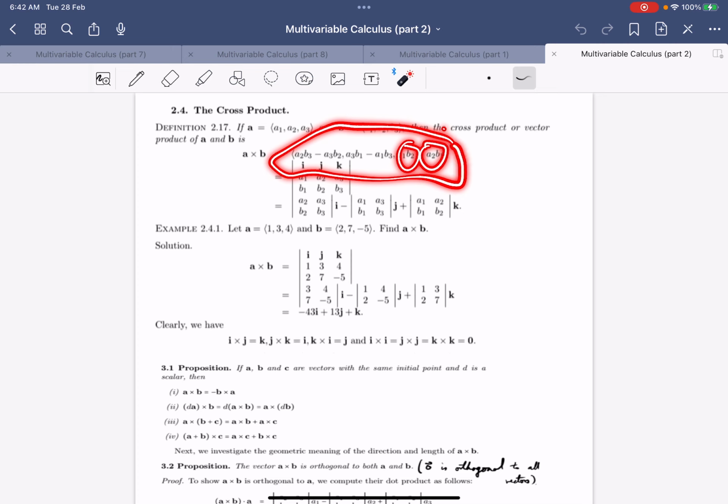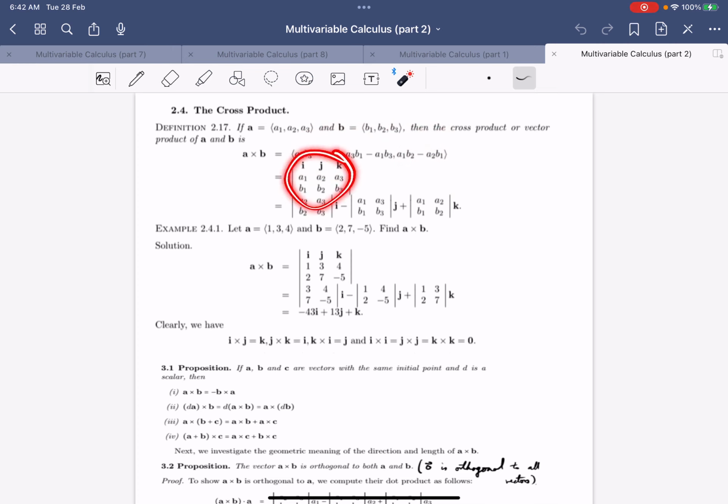You realize that this can be written as the determinant of this matrix: i, j, k in the first row, a1 a2 a3 as the second row, and the b vector as the third row. When you expand this along the first row, you get this, which equals this. We'll see later geometrically what this cross product represents, and what it can give us. So this is a good definition.